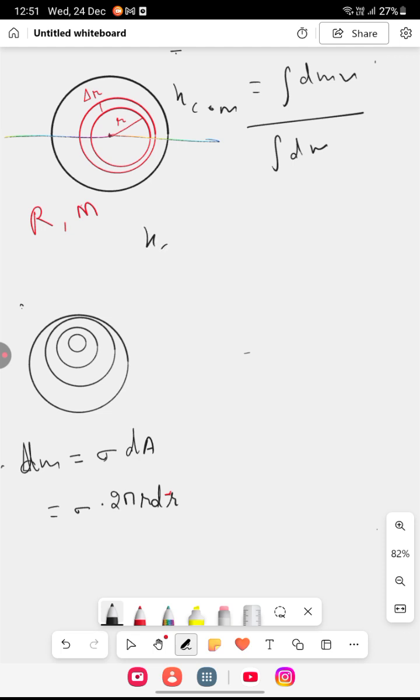X center of mass equals integral of x, and x for a half ring is 2r upon pi. For dm, one thing to keep in mind is that the 2 will not come, because it is a half disk. For a half disk it will be only pi r.